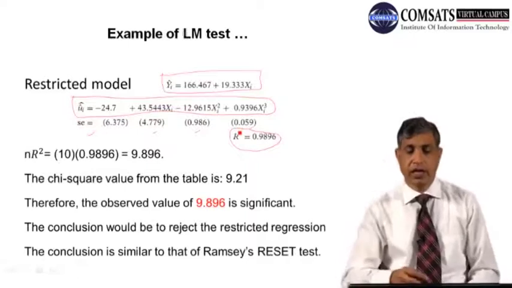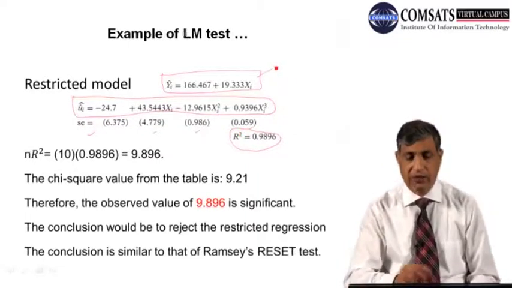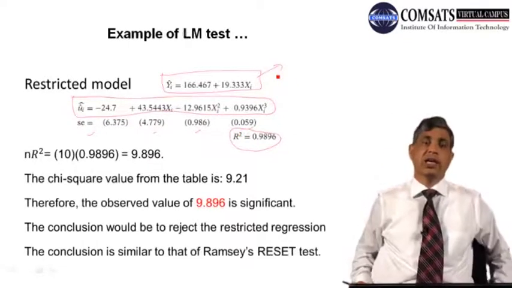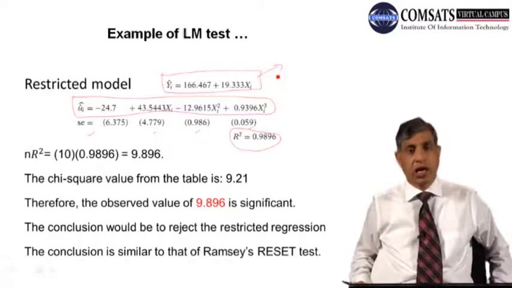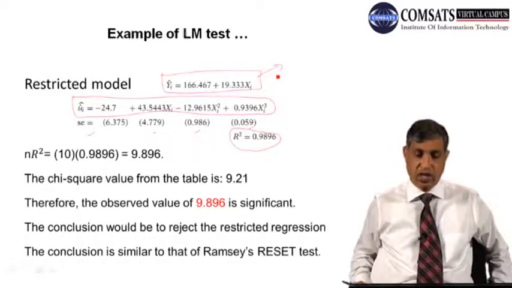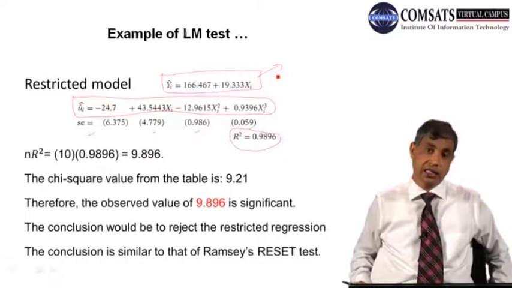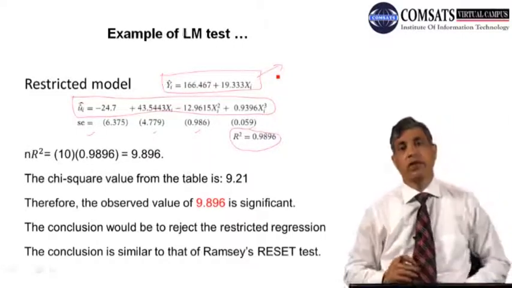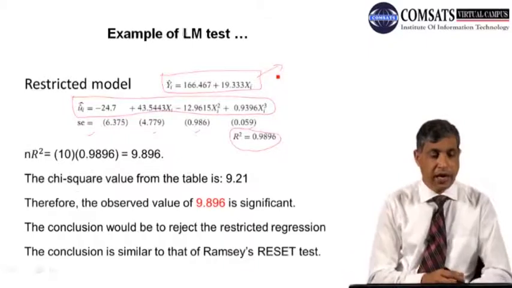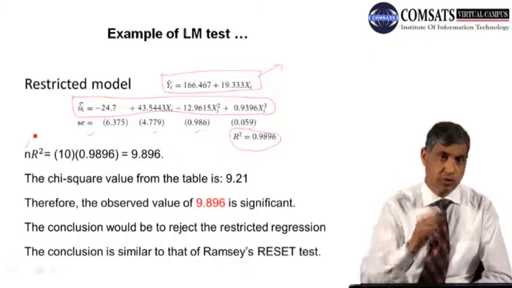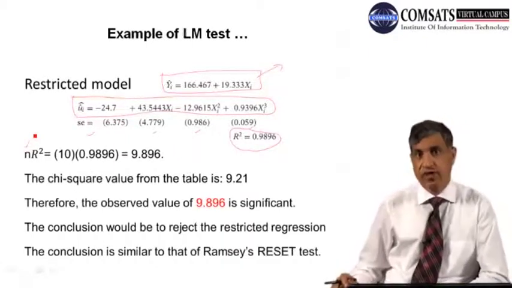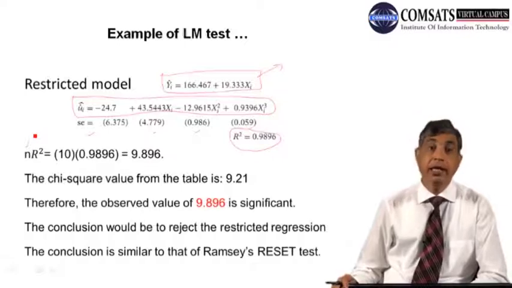Here we have not reported the R square of this, because we are not interested in the new R square or the old R square. We are interested in the latest one that we calculated at the end, N times R square. You remember from the previous 5 or 10 minutes of discussion that N is 10.